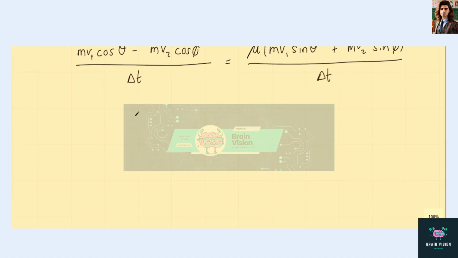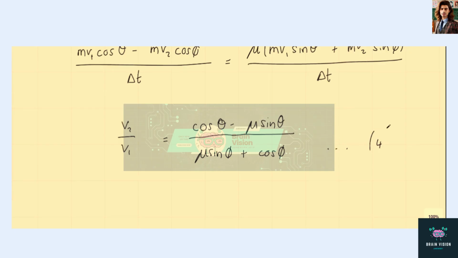So rearranging this to find an expression for v2 over v1, we get that v2 over v1 is the cosine of theta minus mu sine theta over mu sine phi plus the cosine of phi. So we have an expression for the ratio of the velocities before and after the collision. We'll call this equation 4.